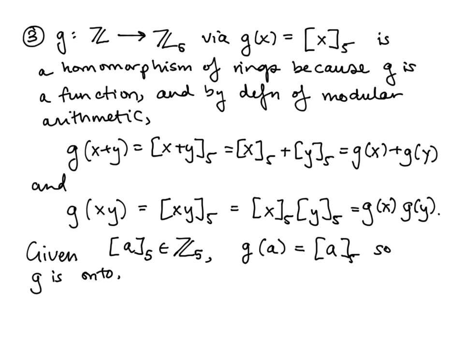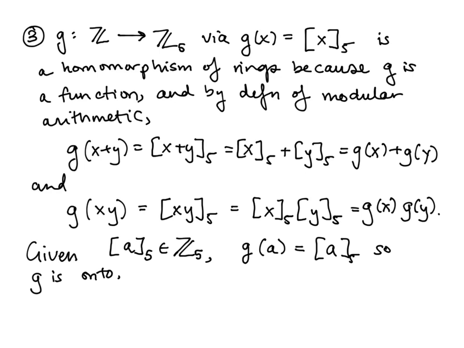And that means that g is onto. Given any target in Z mod 5, and there are only 5 possible targets, the equivalence class of 0, 1, 2, 3, 4, I can map there by plugging in 0, 1, 2, 3, or 4. Or if I plug in 15, I'm going to go to 0. And if I plug in 16, I'm going to go to 1. That's fine.